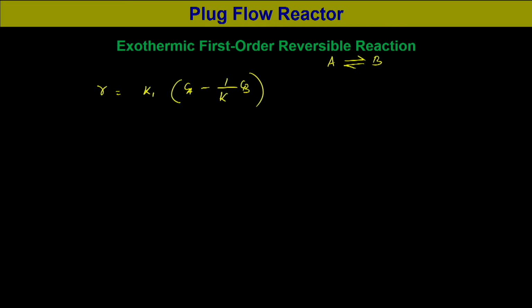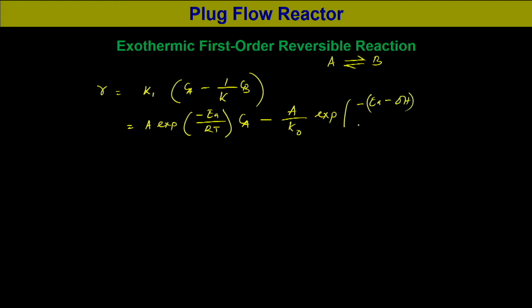So, we can use the Arrhenius relations for the rate constant and the equilibrium constant as R equals A exponential minus EA by RT into CA minus A by K0 exponential minus (EA minus delta H) divided by RT into CB.